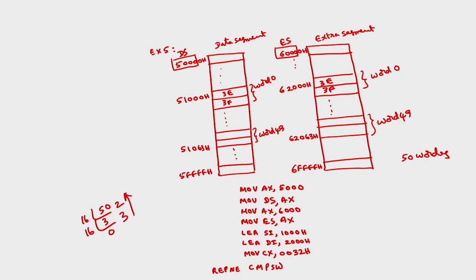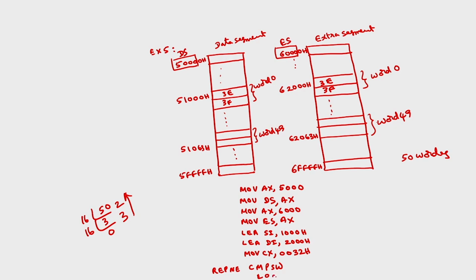Without this, once the end of the array is reached, it will come out of the loop. If I add this prefix, whenever a match is there also, it will come out of the loop.